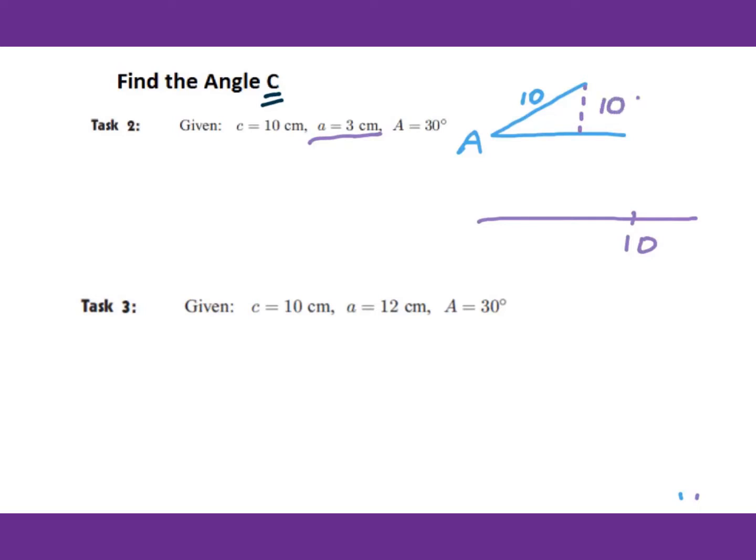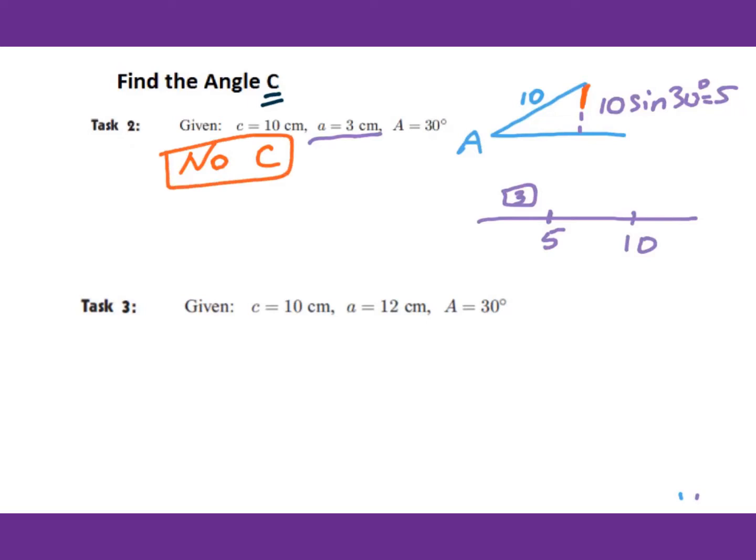That means 10 sine 30 degrees, still get a 5. For this a, it's less than 5. That means you can only draw from here to here. You cannot form any triangle. Therefore, just say no c.